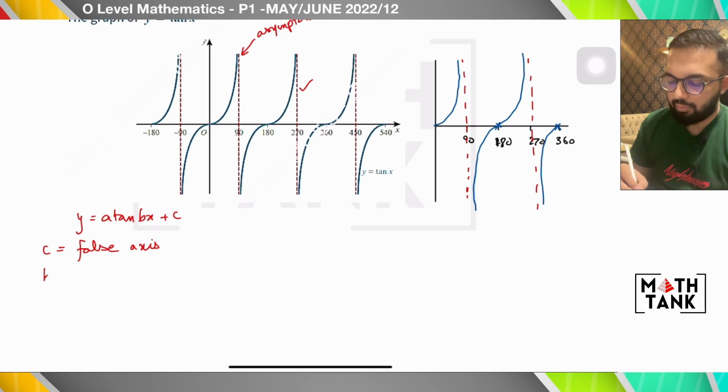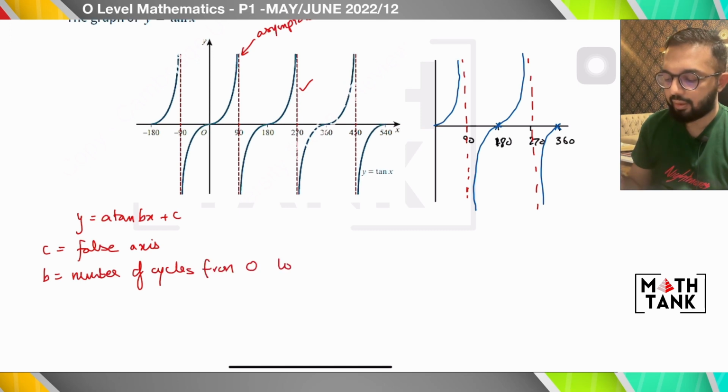B is again the number of cycles, but this time the number of cycles from 0 to 180, not from 0 to 360. That was typically 0 to 360. So in 0 to 180, I complete one cycle typically. So tan x has a period of 180.